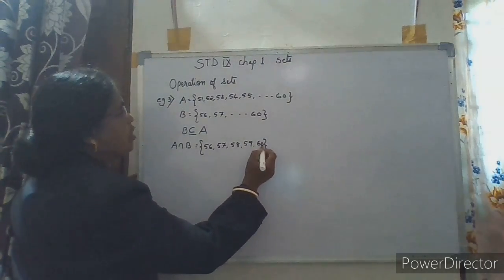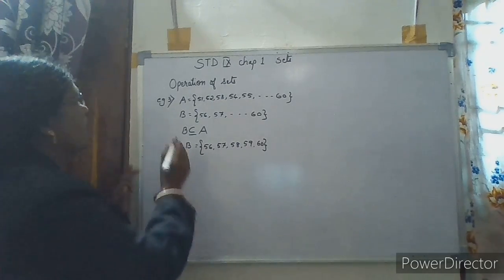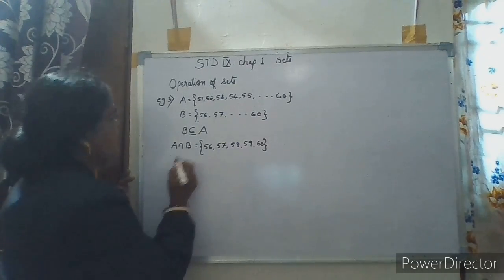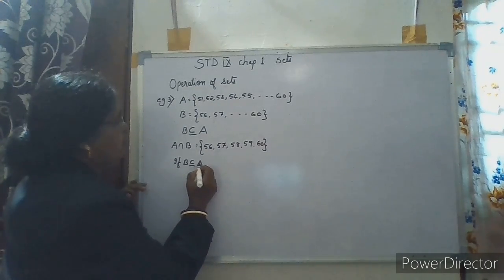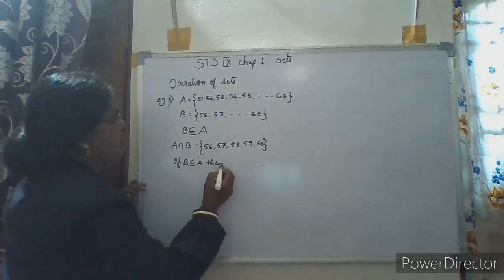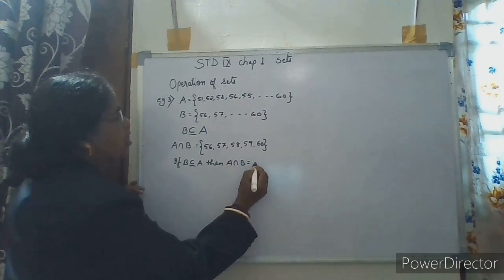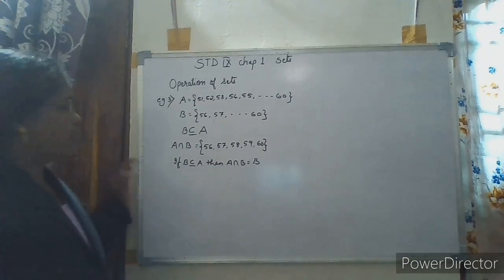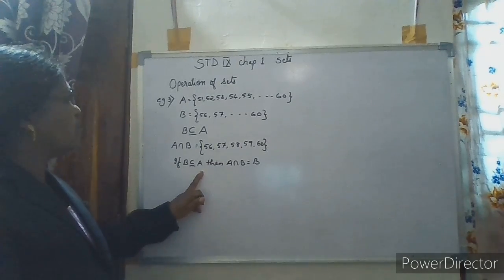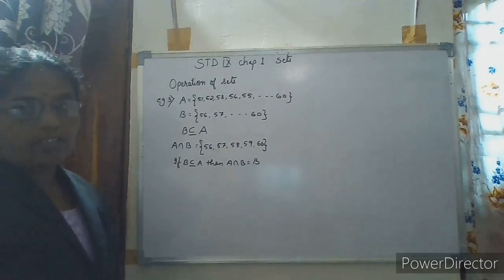These are the common elements of set A and B. So, if B is a subset of A, then you can see that A intersection B is equal to set B itself. If B is a subset of A, then A intersection B is equal to set B.